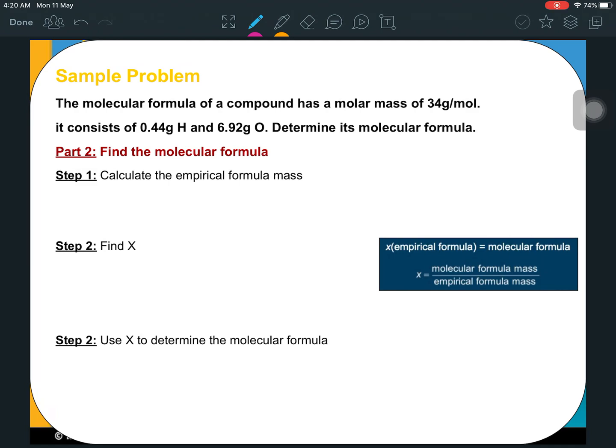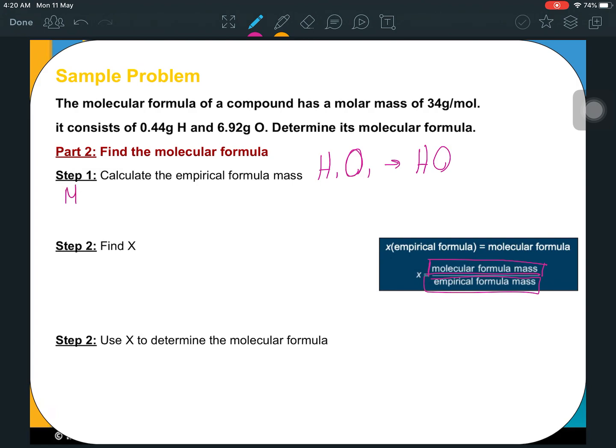We have been given the molecular formula mass, but we don't know the empirical formula mass. But now we know that our empirical formula is H1O1, or just H and O, so finding its molar mass will be very easy. Let's go ahead and try that.